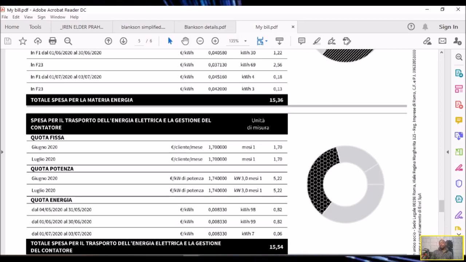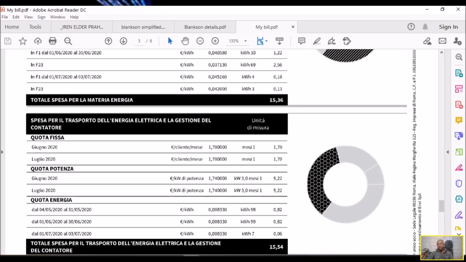Probably next year it will change. Maybe last year it was different, but this year every company doesn't have any possibility to modify these prices. The same as quarta potenza, and also the price €1.70.